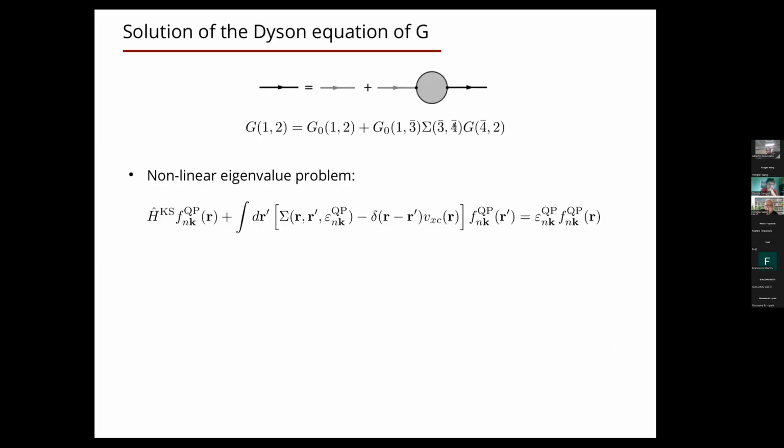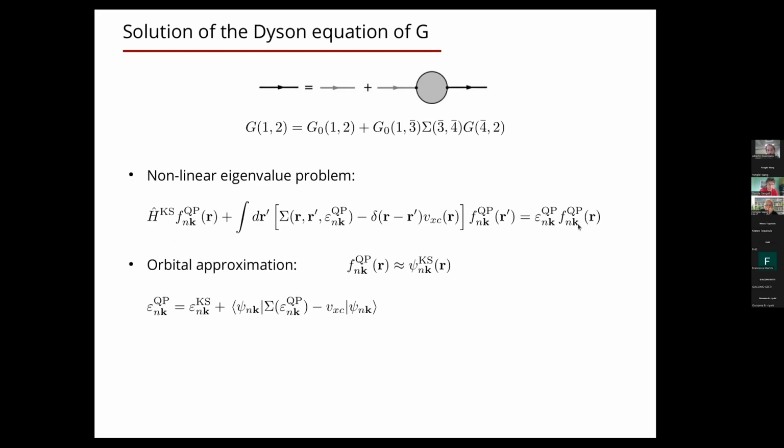So how to solve the Dyson equation? Actually, the Dyson equation can be formulated as a nonlinear eigenvalue problem with the Kohn-Sham Hamiltonian and the self-energy, where the eigenvalues will be the quasi-particle energies and the eigenvectors the quasi-particle orbitals.